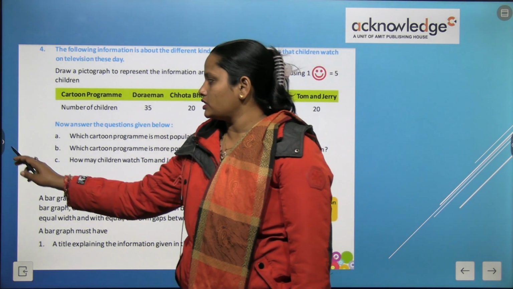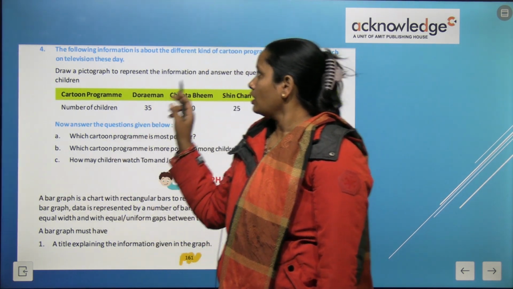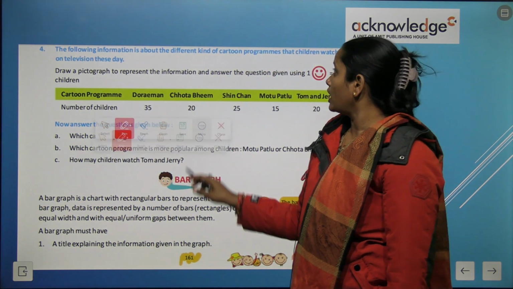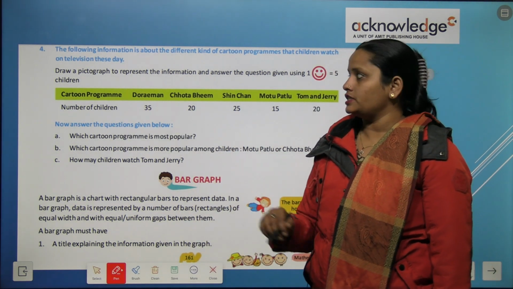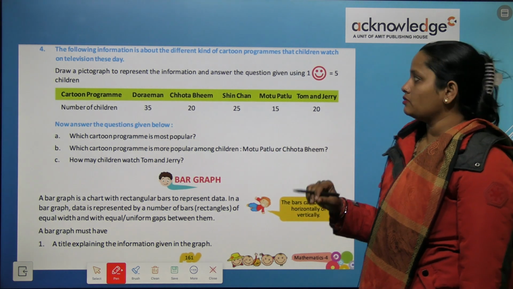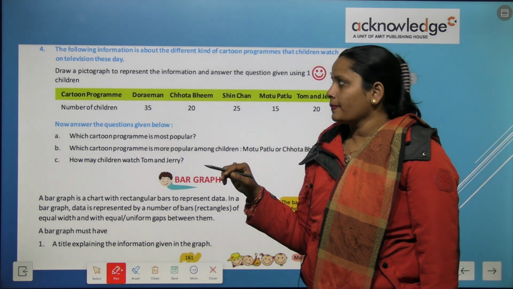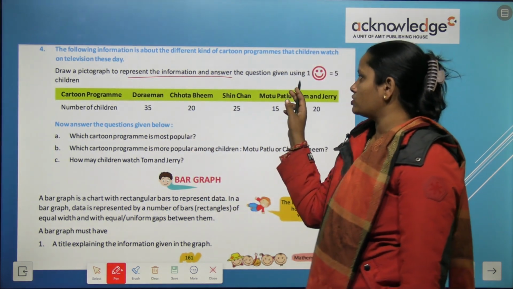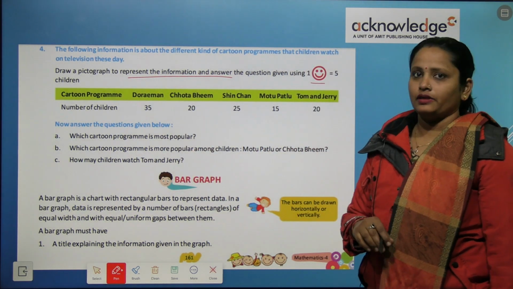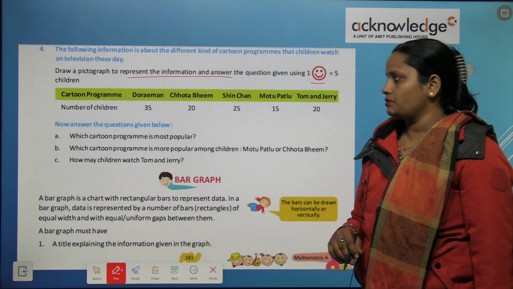The following information is about the different kinds of cartoon programs that children watch on television these days. So यहाँ पे कुछ programs दिए गए हैं जो बच्चे आजकल देख रहे हैं. Draw a pictograph to represent the information and answer the questions given below. एक smiley बनानी है जिसका मतलब है 5 बच्चे.